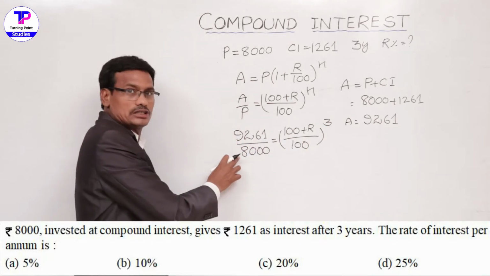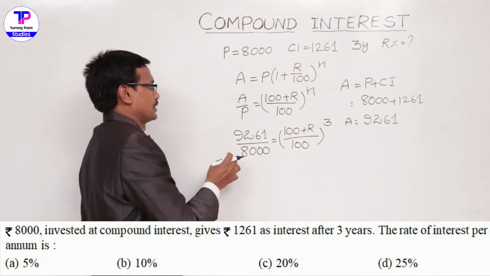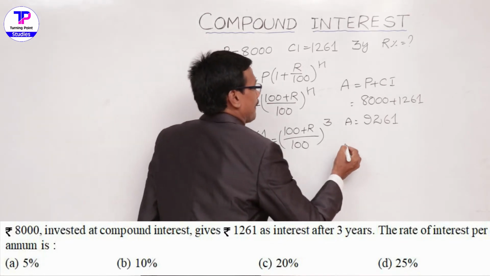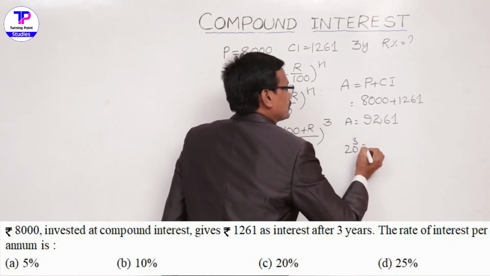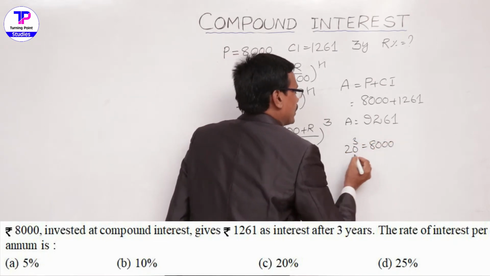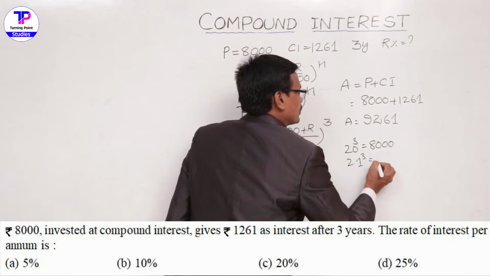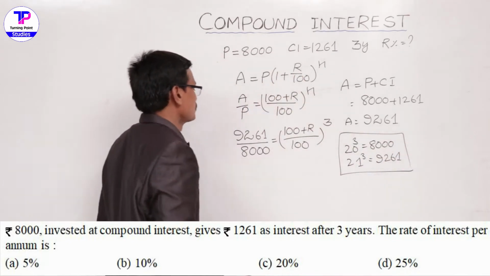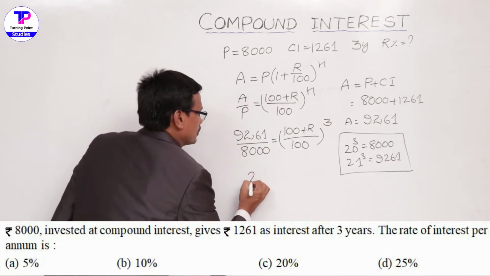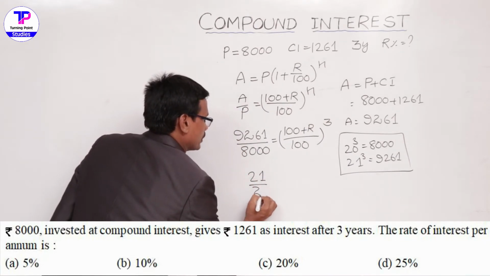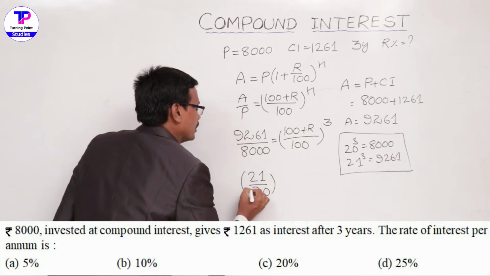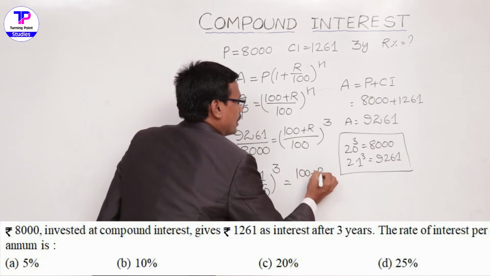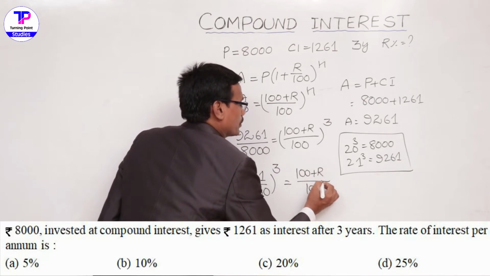This is 20 cube and this is 21 cube. So 20 cube is equal to 8,000 and 21 cube is equal to 9,261. This is very, very important. So (21 by 20) whole cube is equal to (100 plus R by 100) whole cube.